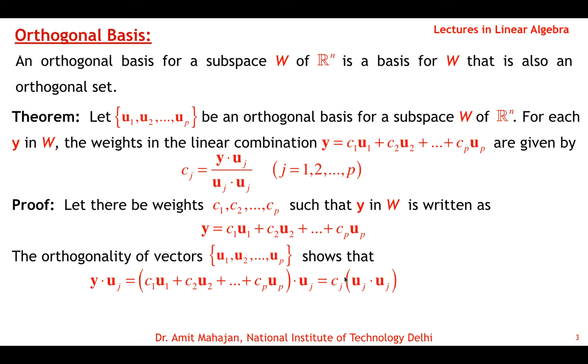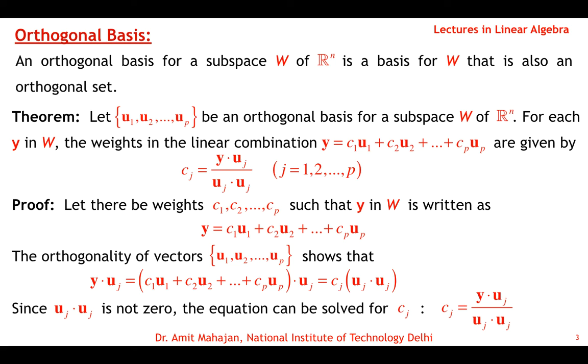So we can calculate cj because uj dot uj is a non-zero number. If this is 0, then uj has to be the 0 vector, and because they are in a basis, they are non-zero vectors. So uj dot uj has to be non-zero, so we can divide by it. We can calculate cj as y dot uj divided by uj dot uj.